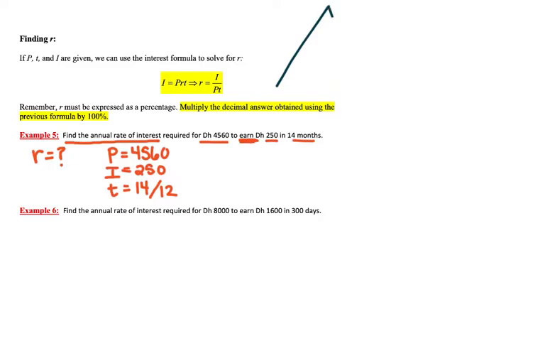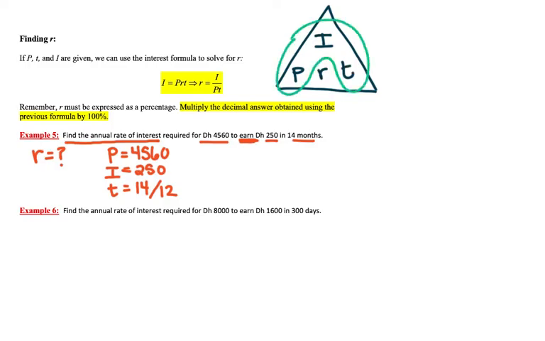When the R is missing, draw the triangle. Interest equals PRT. If the R is missing, we have this equation that the R is I over PT. So let's plug and chug into this equation.